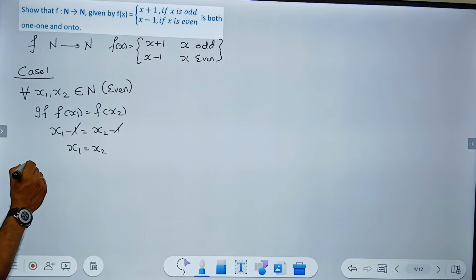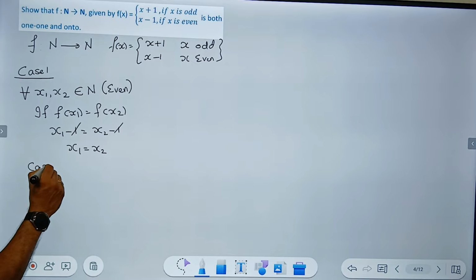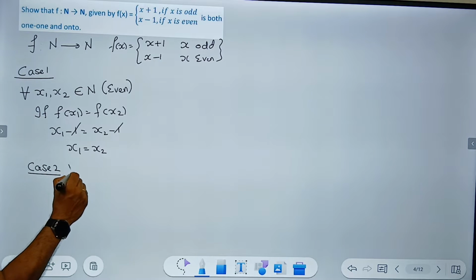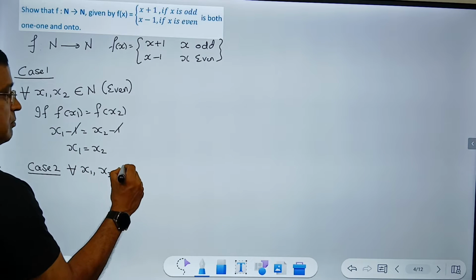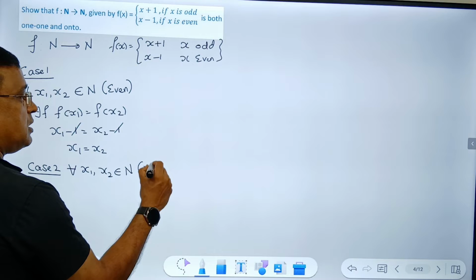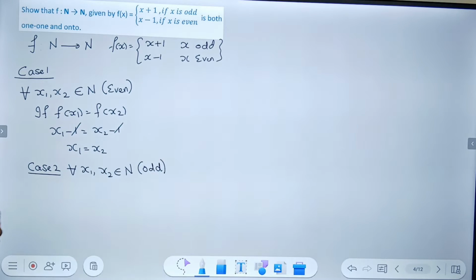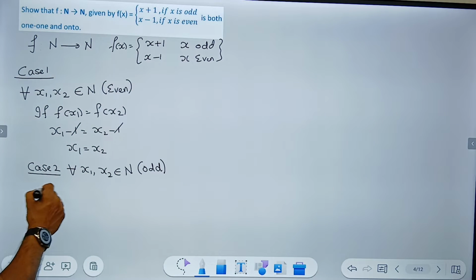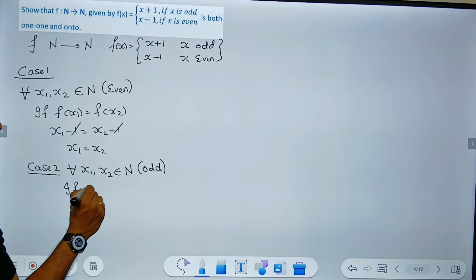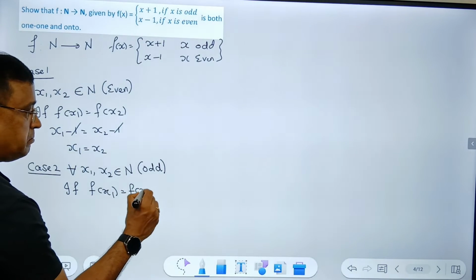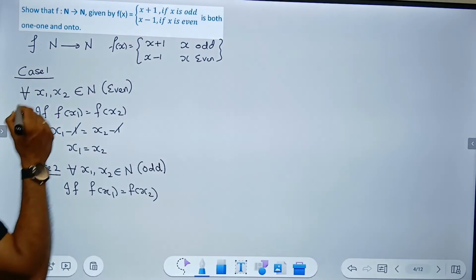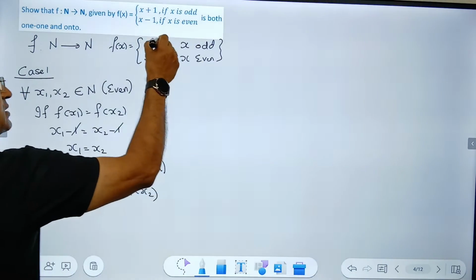Now what is case 2? Case 2 is for every x1, x2 belonging to natural numbers, where both the numbers are odd. Now if f of x1 equals f of x2, by the definition when x is odd it is x plus 1.